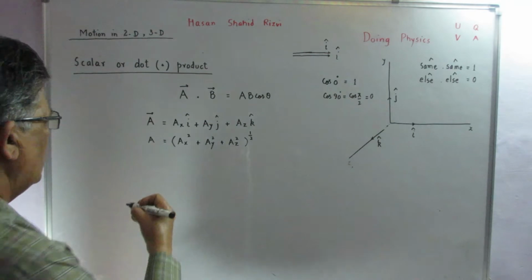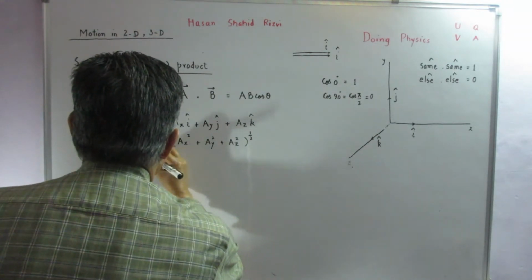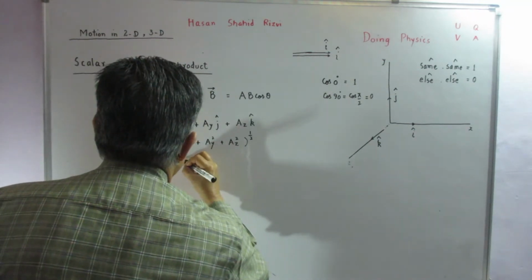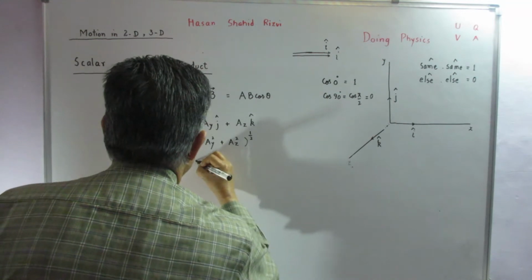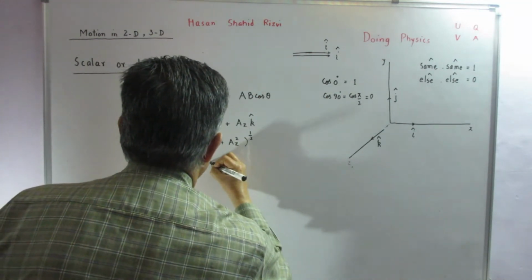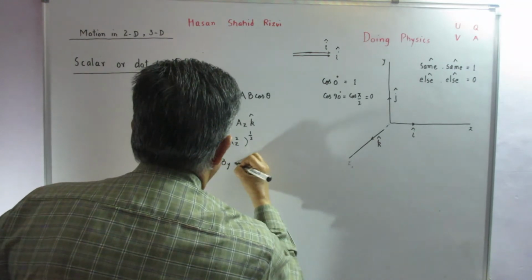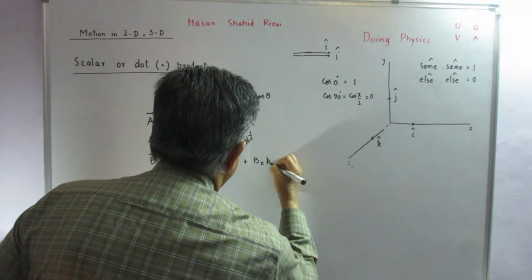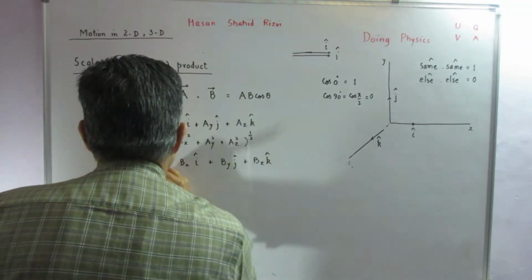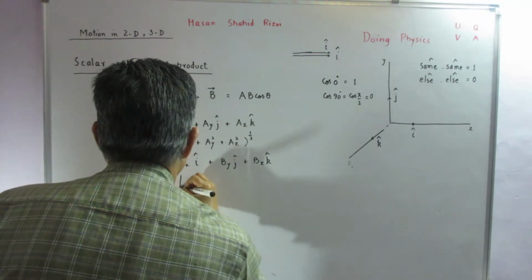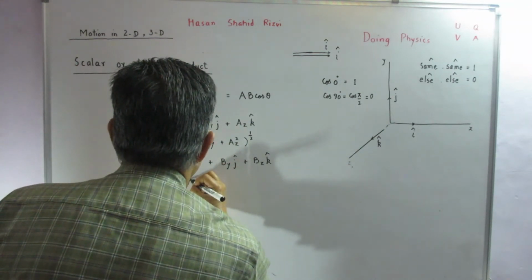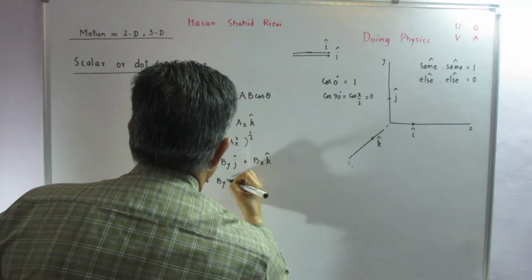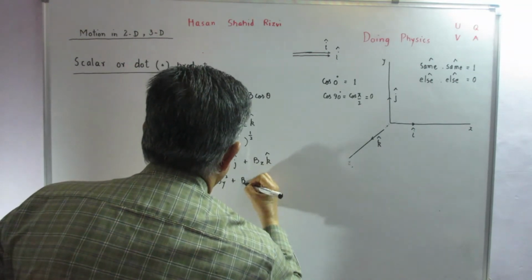And similarly, I can also write the vector B, which can be of the same species, the same family or another family, Bx i cap plus By j cap plus Bz k cap, so that B again is equal to, like before, the square root of Bx square plus By square plus Bz square.